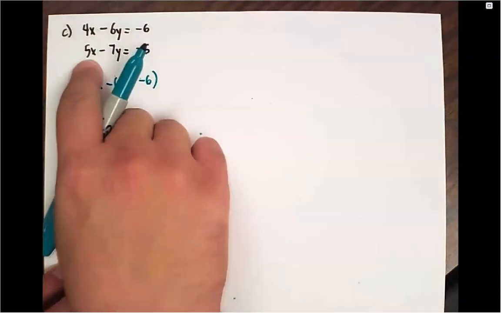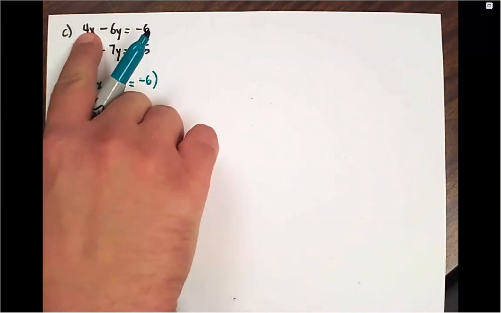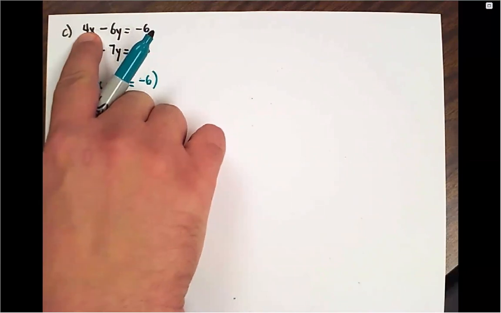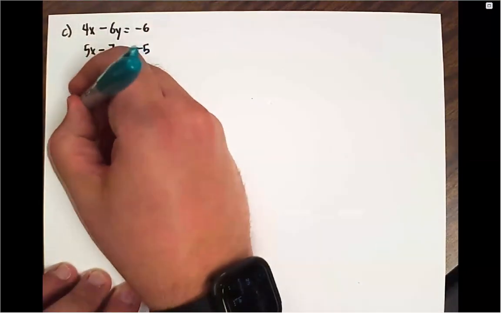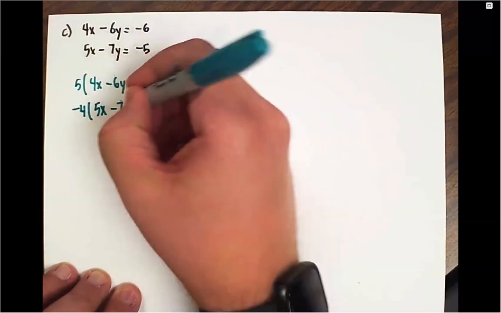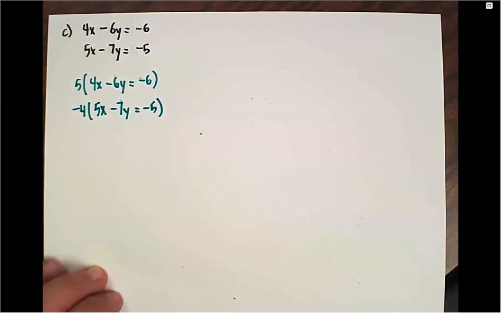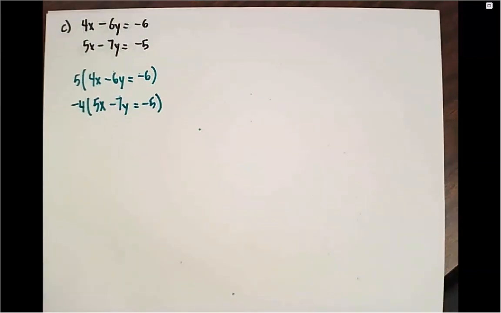And since the second equation's x is also positive, I'm going to take the opposite of what's in front of the x on the first equation. So negative 4, and multiply that times the second equation, because they have to be opposites. They have to add up to be 0.